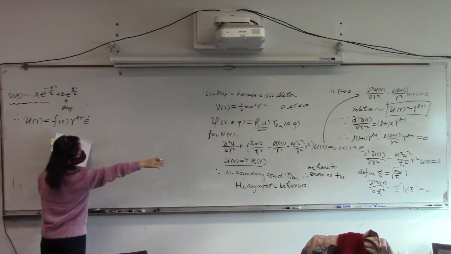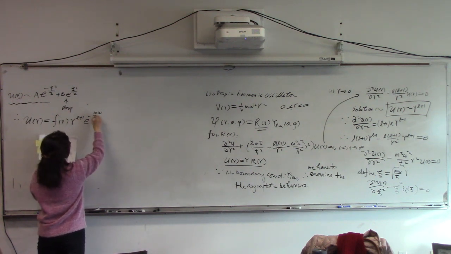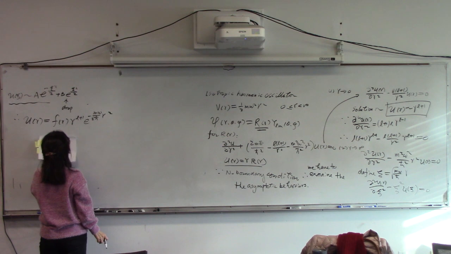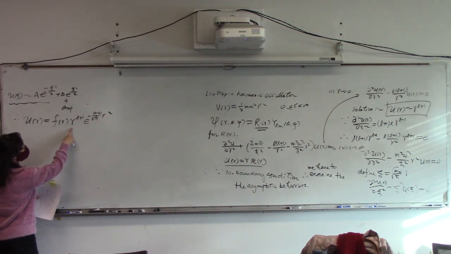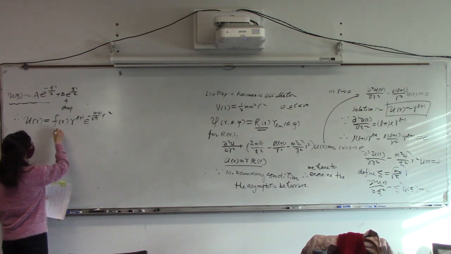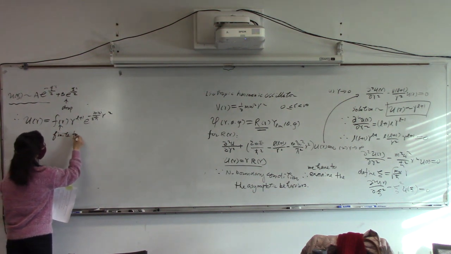Minus, so I have set squared half, right? Half is m omega over 2 h bar, and r squared. So this one controls the R goes to 0 case, this controls R goes to infinite, so this should be a kind of finite function required.